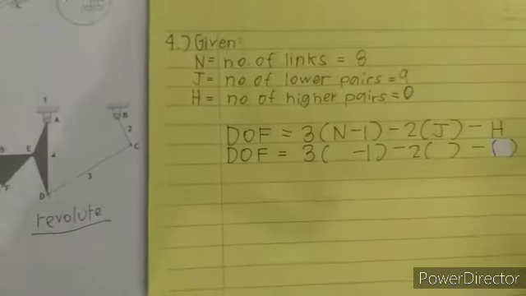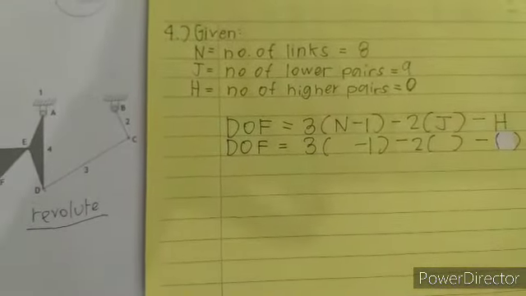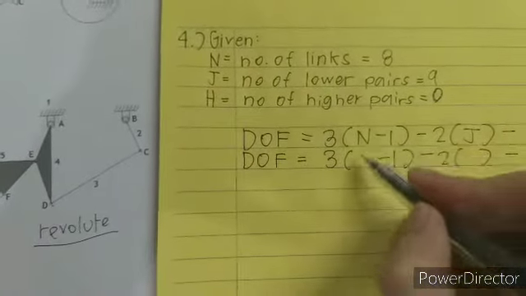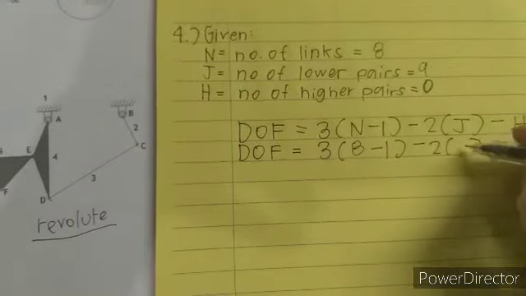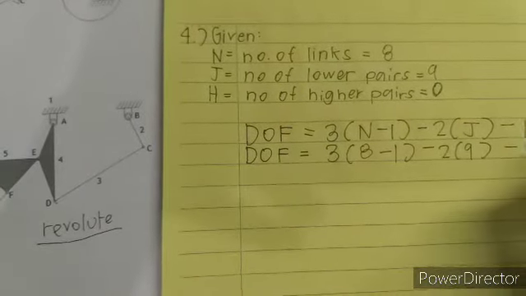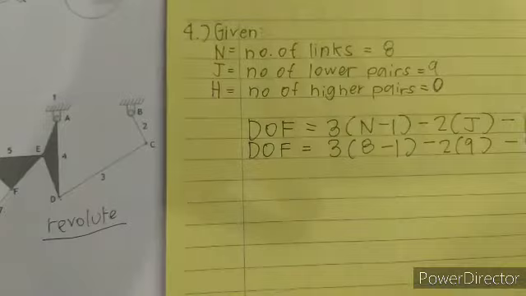Now, putting these values into Grubler's equation, we have 3 multiplied by 8 minus 1 minus 2 multiplied by 9 minus 0.